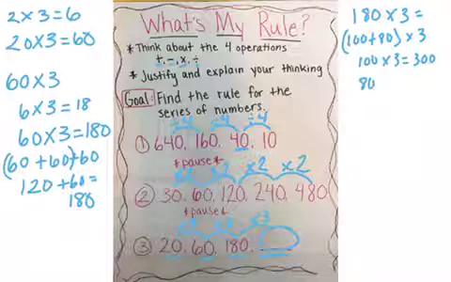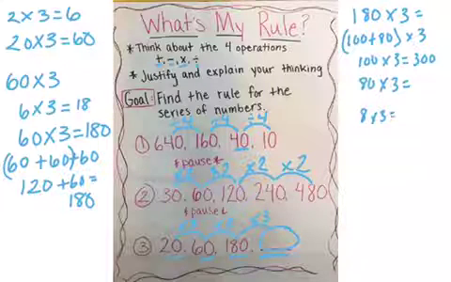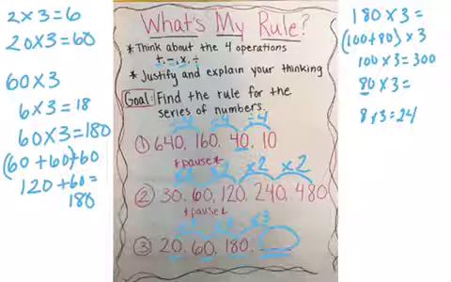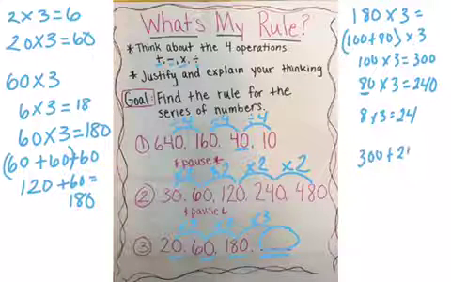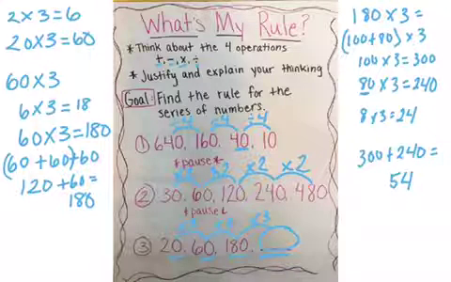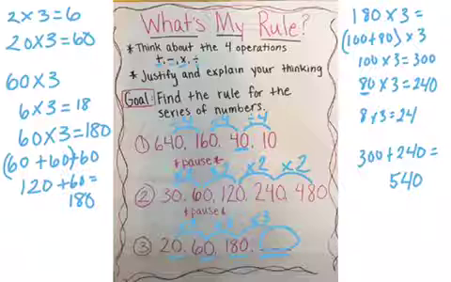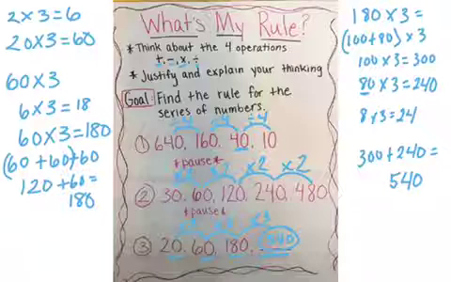Now I have to do 80 times 3, which I know that 8 times 3 is 24. But I don't just have 8. I have 8 groups of 10. So it would be 240. 300 plus 240 equals 540. So the next number in the sequence would be 540.